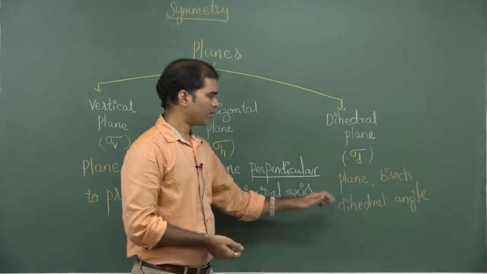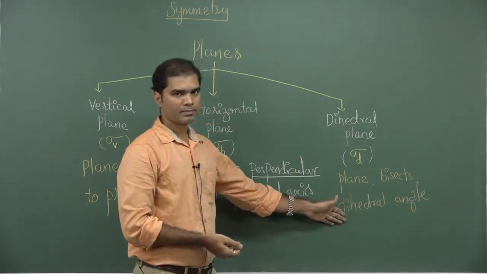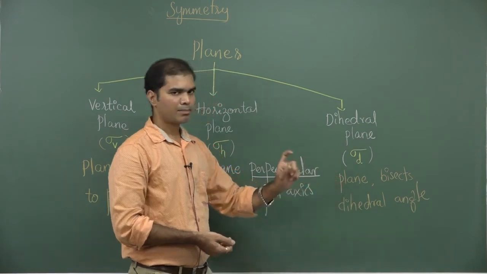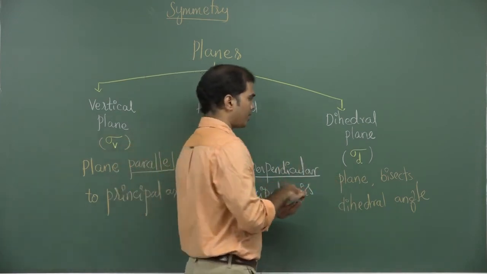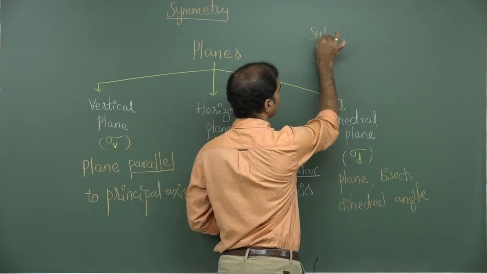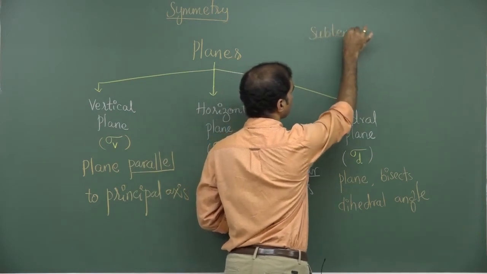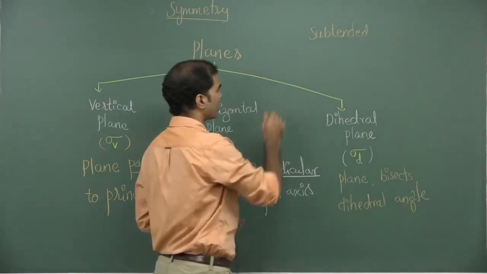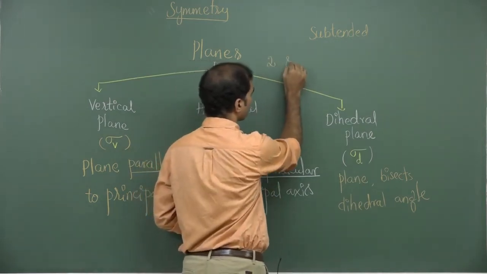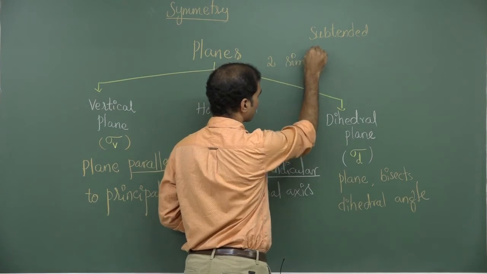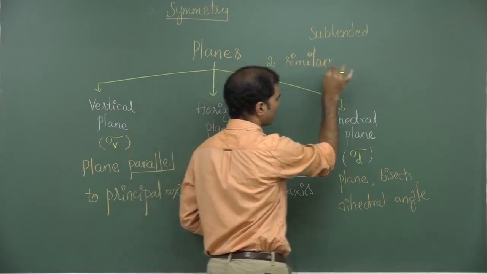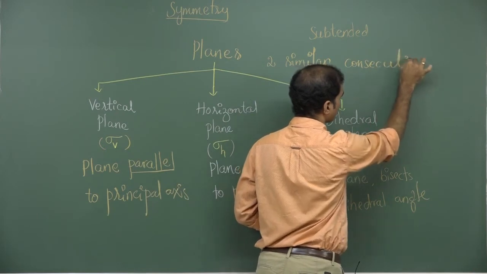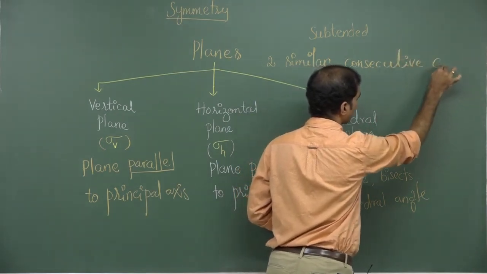Then the question appears, what is a dihedral angle in this case? This dihedral angle is that angle which is subtended between, these are a little bit mathematical terms, subtended between two similar consecutive C2s.